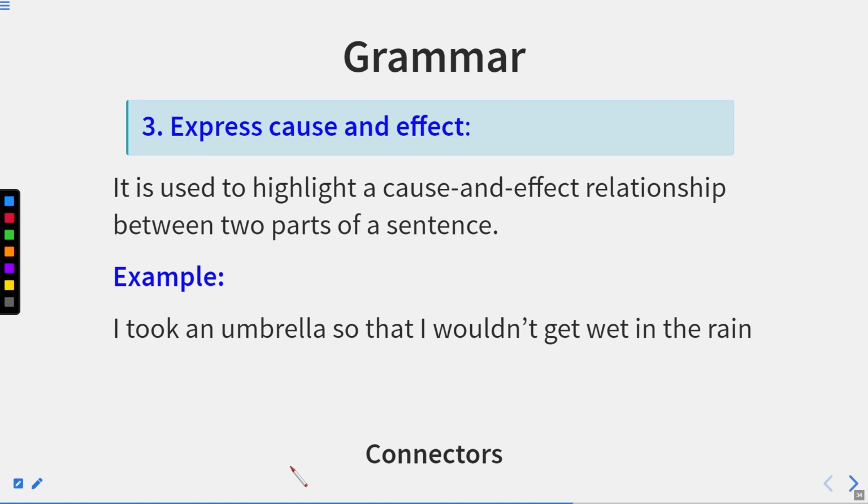For example, I took an umbrella so that I would not get wet in the rain. So this is the purpose, that I would not get wet. Whereas the action, what I did for this purpose, was that I took an umbrella. So this is the action that I performed. For what? The purpose behind it, that I would not get wet.